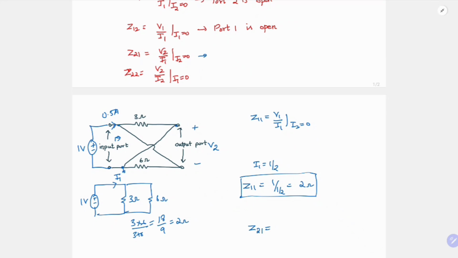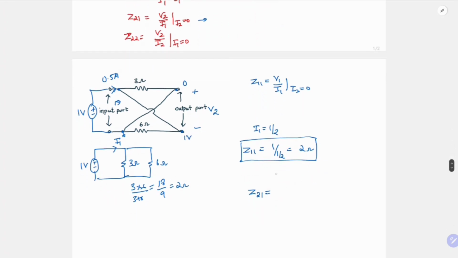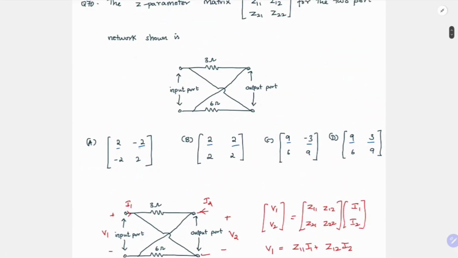This node is nothing but ground. And this node is 1 volt. So this is 0, 1 volt. So my V2 is equal to minus 1 volt. So Z21 is minus 1 by I1, which is 1 by 2, so Z21 is minus 2 ohms. As we already discussed, if we just knew Z12, we could have found the answer, which is option A.